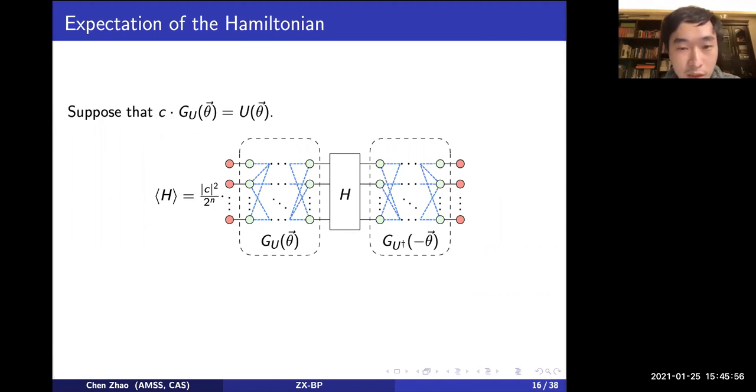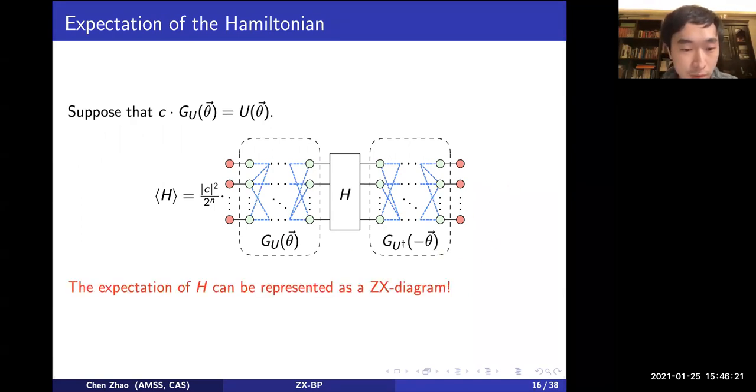If we consider a parameterized quantum circuit U theta, then using the converting rule, we can convert it to a graph-like ZX diagram up to a constant. Then by definition, the expectation of the Hamiltonian can be represented as this ZX diagram.